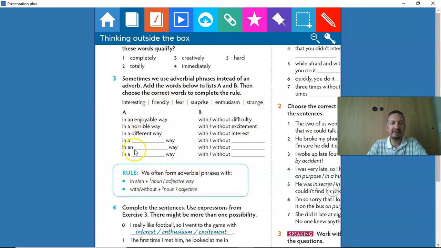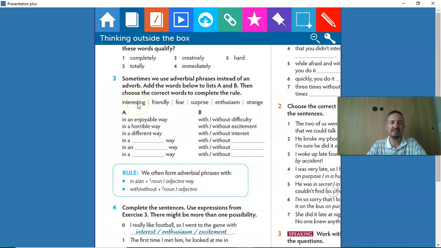So we know that here in list A, we should put an adjective, because this is the structure of the adverbial phrase: in, adjective, way. So here we have in an enjoyable way, in a horrible way, in a different way. Which ones are adjectives here?